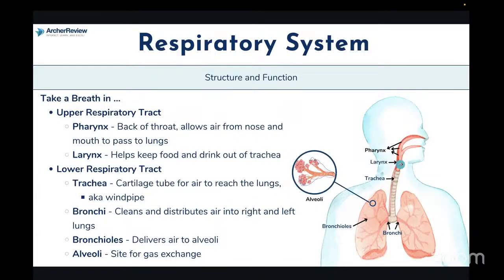After the larynx, then you move down into the trachea. Now you're getting into the lower respiratory tract. The trachea is also known as your windpipe. It is a cartilage tube, simply just for air to travel to eventually get down into the lungs. At the base of that trachea, you see two subdivisions here. These are called bronchi.